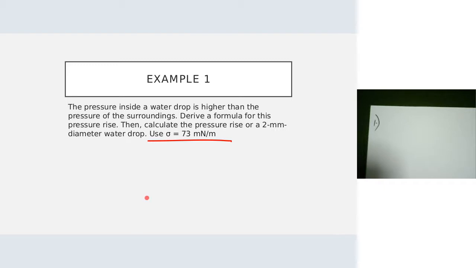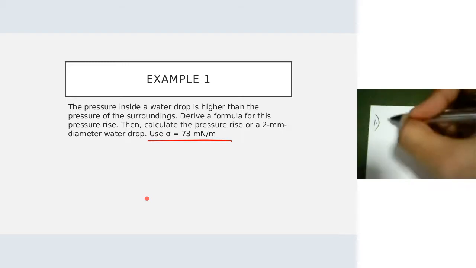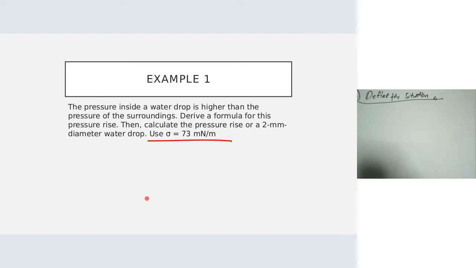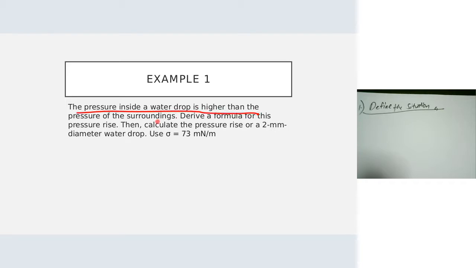Okay, so let's answer this sample by first defining the situation. So let's understand the context. It says that the pressure inside a water drop is higher than the pressure of the surroundings.